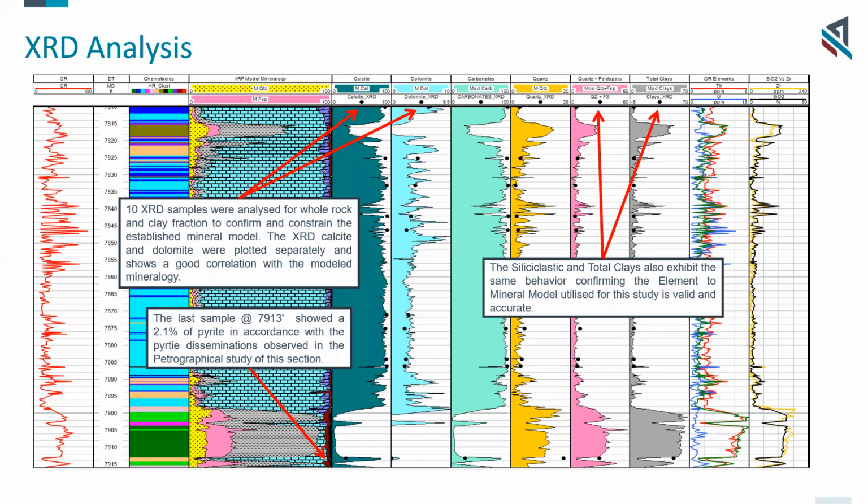And in this particular case, the last sample that was analysed, when we looked at it in thin section, we found that there was pyrite, and the modelling analysis also picked up the same information. So that, again, is confirmation of the work.